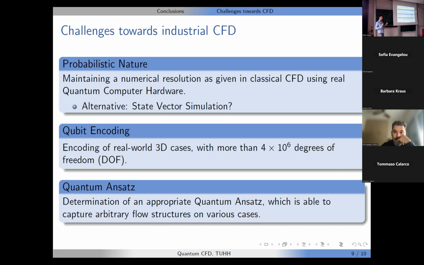So if we now aim for a resolution of a typical CFD case, I would say more than 1 million cells easily, then we run into some problems, since we know from quantum computing that of course we always need to fulfill the normalization condition of the wave function.